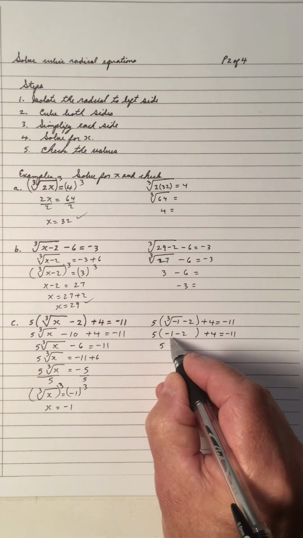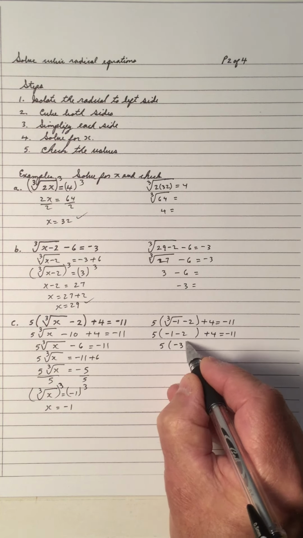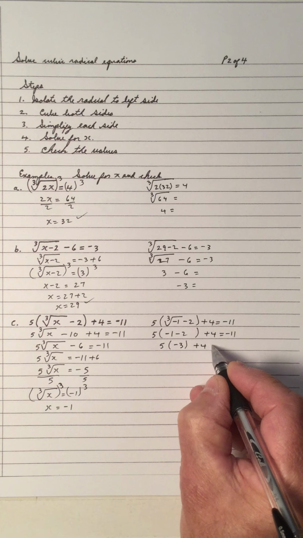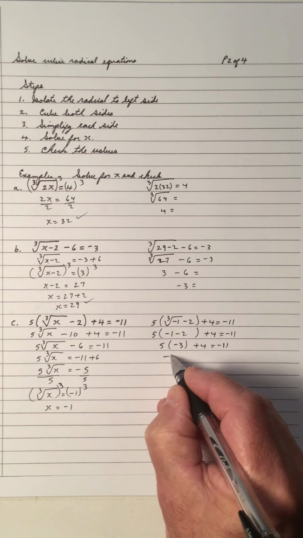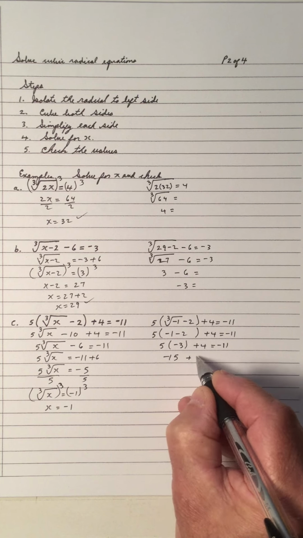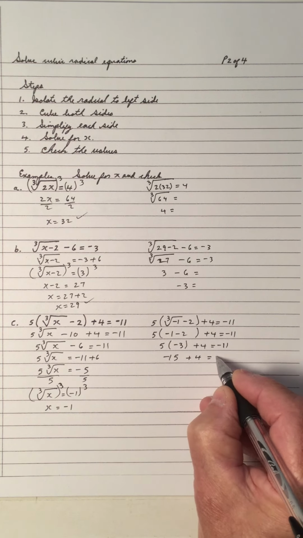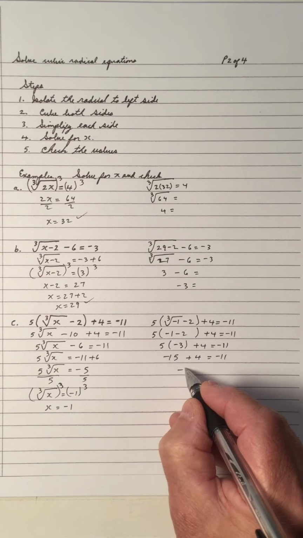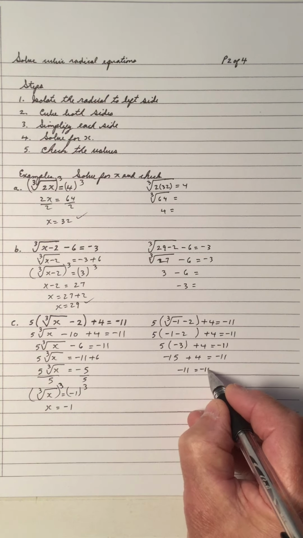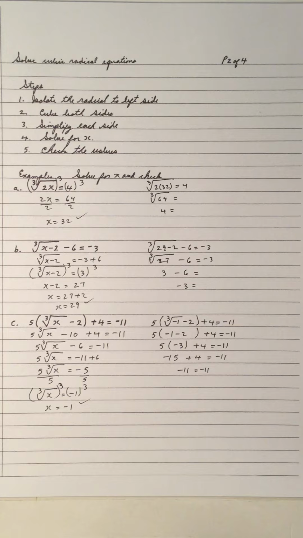And we simplify the bracket to be negative 3. PEMDAS says we have to multiply first, so we get negative 15 plus 4. And this time I'm bringing 11 down. I didn't have to. Negative 11 equals negative 11. True. So negative 1 is the root.